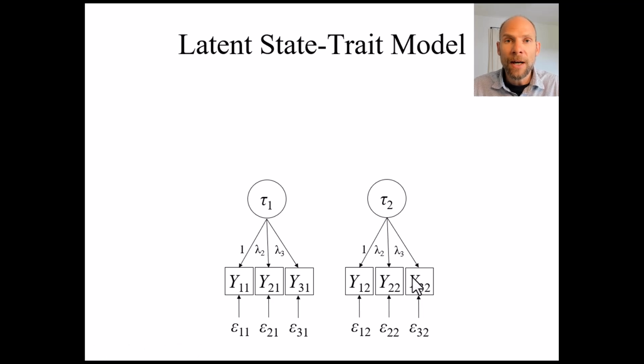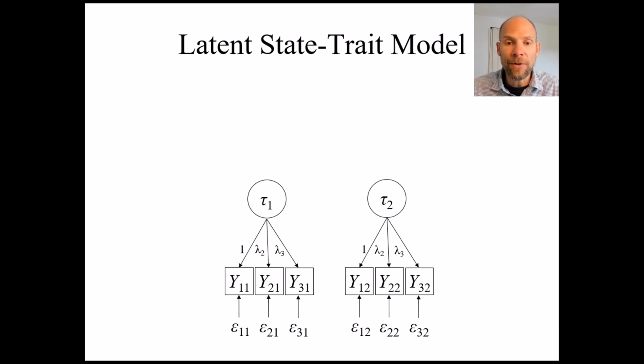And so this right now would be a longitudinal confirmatory factor analysis model where we would typically allow the factors to be correlated over time to model the stability of inter-individual differences across time, to see how stable the rank ordering of individuals is across time.